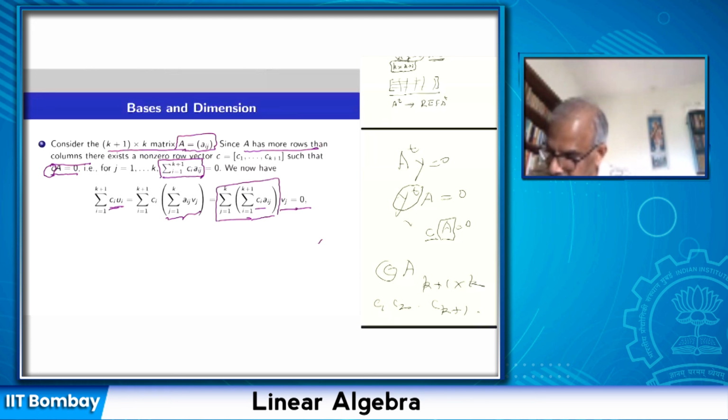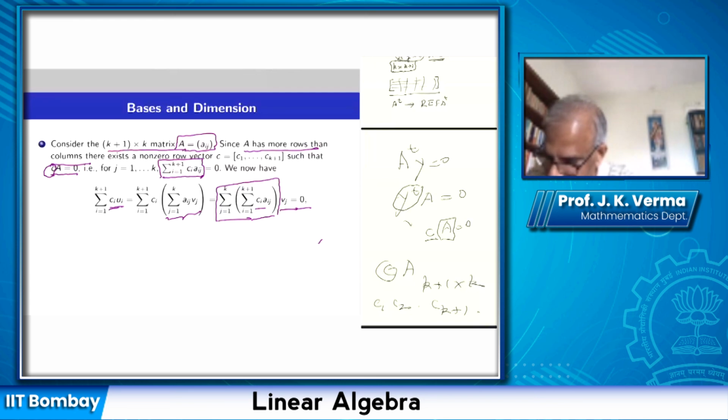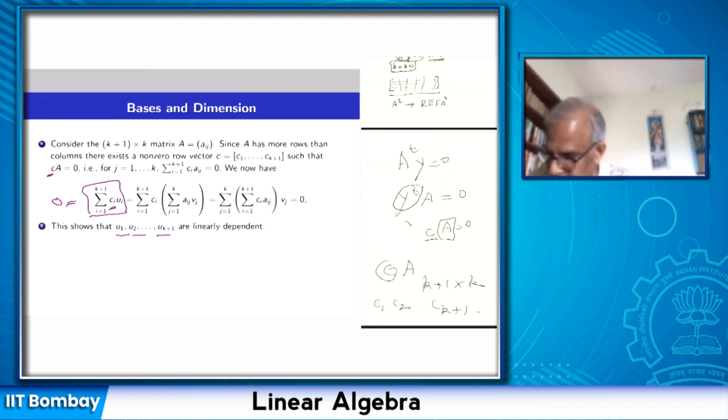So that shows this linear combination of u1, u2, up to u(k plus 1) is 0. Not all the ci's are 0, because the ci's are components of this non-zero vector. Therefore, these k plus 1 vectors are linearly dependent. This is a very important fact.